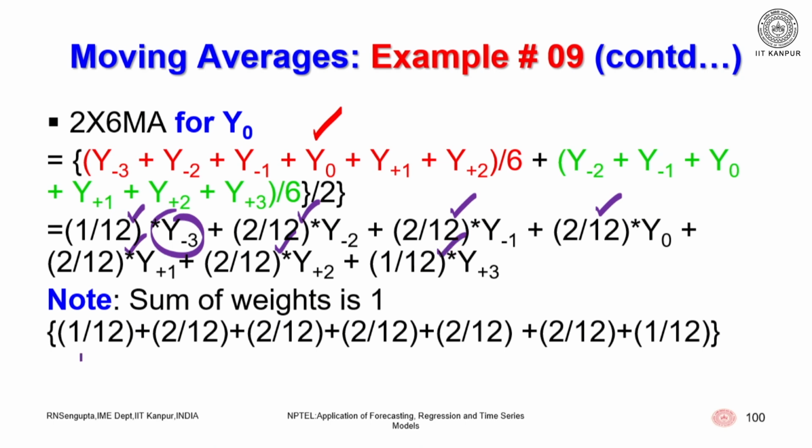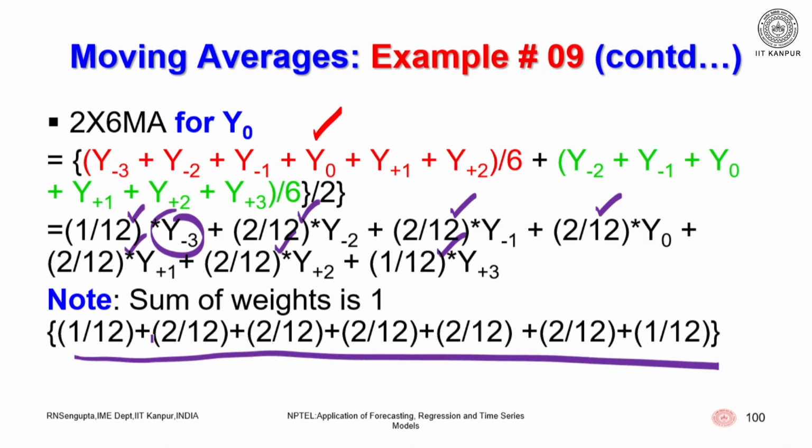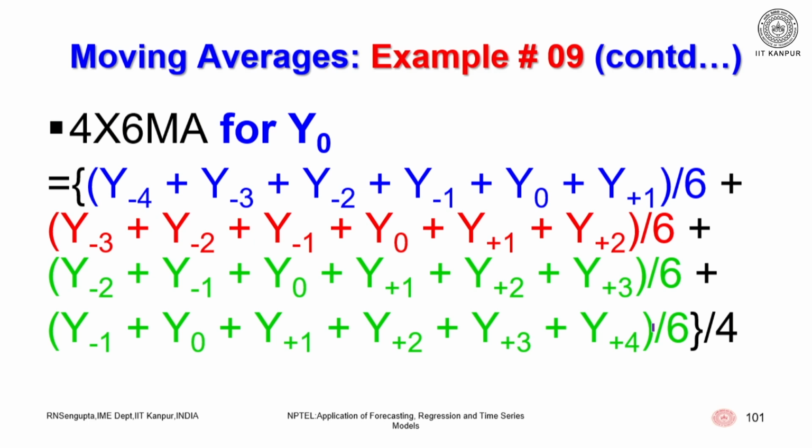If I add all the weightages, 1 plus 2 is 3, 3 plus 2 is 5, 5 plus 2 is 7, 7 plus 2 is 9, 9 plus 2 is 11, 11 plus 1 is 12. So, 12 by 12 is 1, hence the weightages add up to 1 as they should.